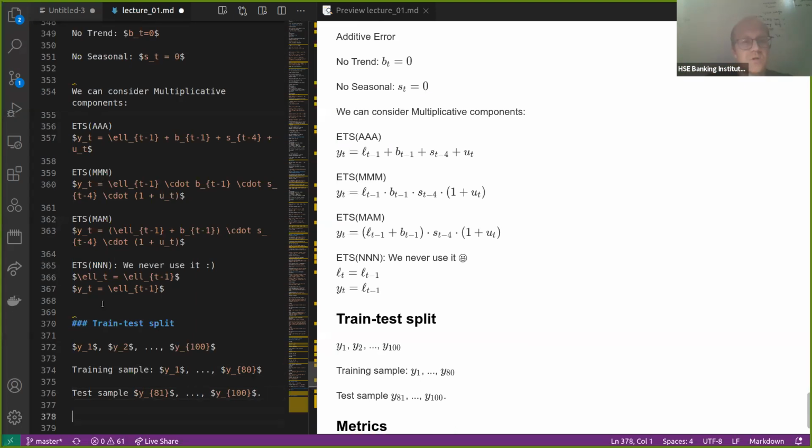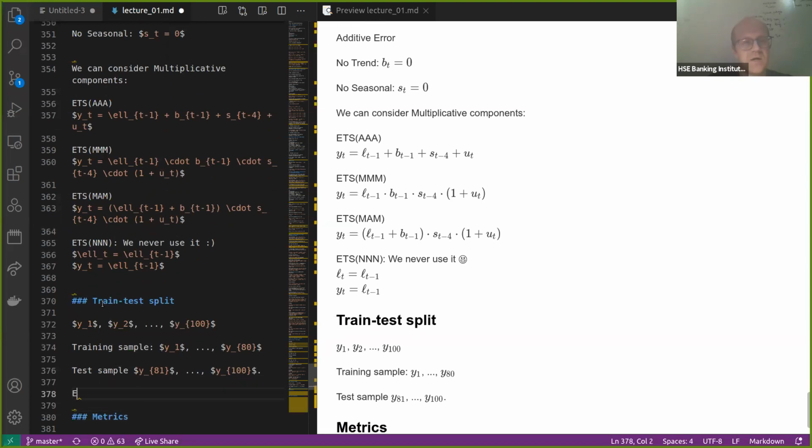Okay, so I estimate my alternative models using the training sample. Imagine that I have two models.